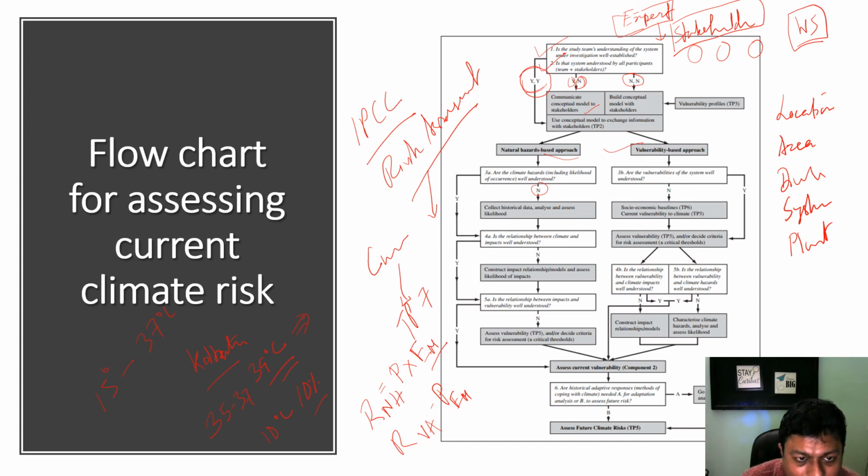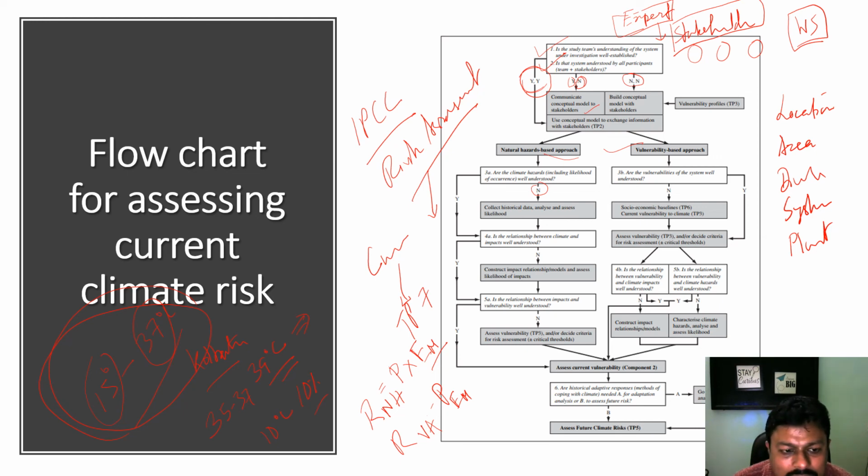If you do not know the temperature behavior of Kolkata, then you cannot analyze the risk. You must know the minima and maxima, the two extremes of the average daily temperature of Kolkata. That is why you have to know the historical data. Only then can you go for the conceptual model, either natural hazard based or vulnerability based approach.